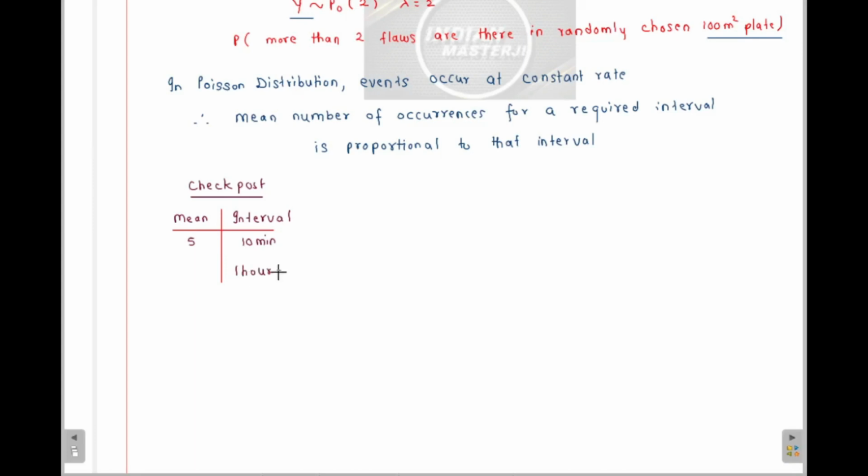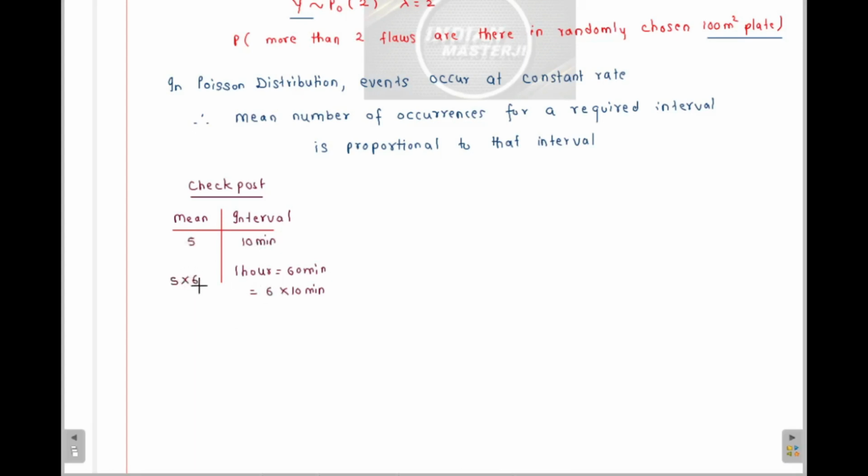So this 1 hour consists of how many 10 minutes intervals? 1 hour is 60 minutes. So can I say this is nothing but 6 into 10 minutes? So if we are increasing the interval 6 times, we will increase the mean also by 6 times.